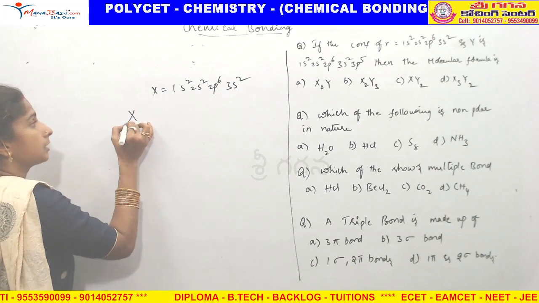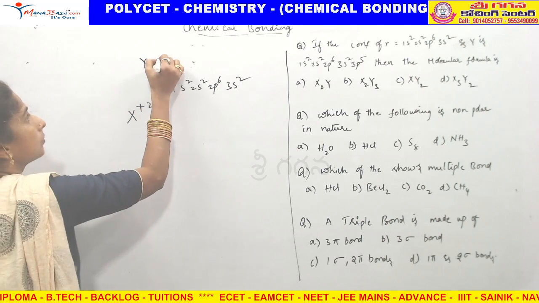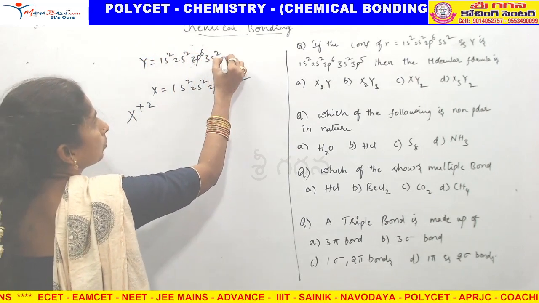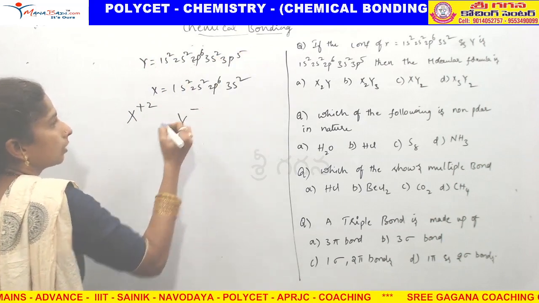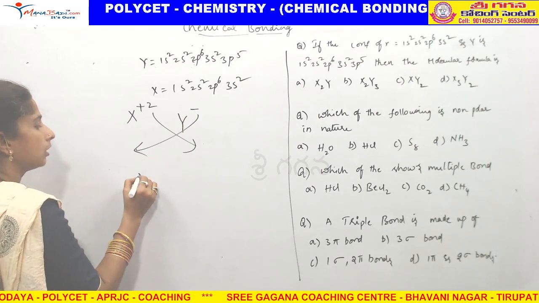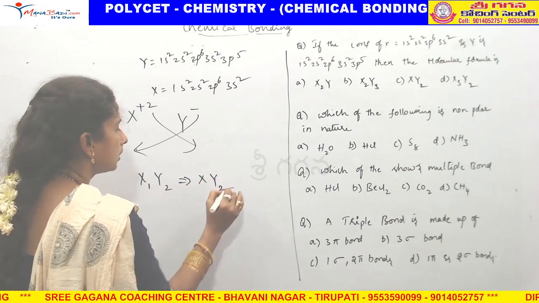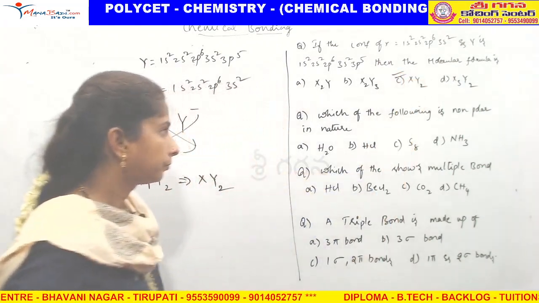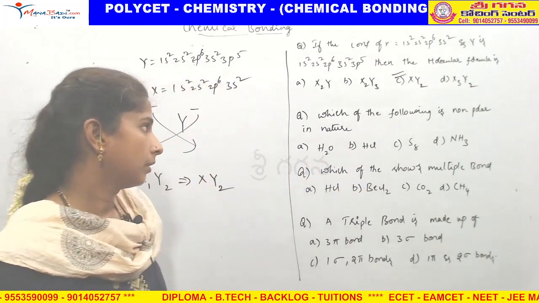So X is able to form X plus 2. Y configuration is 1s2, 2s2, 2p6, 3s2, 3p5. So it is easy to gain 1 electron. Now these electrons are exchanged, so X1, Y2. So the molecular formula is XY2. This is the answer.